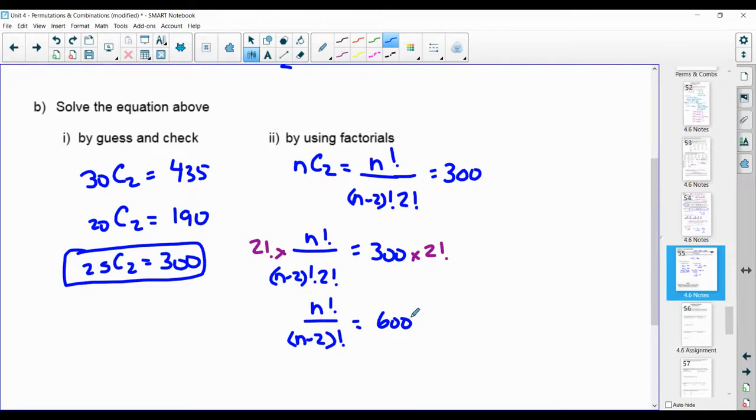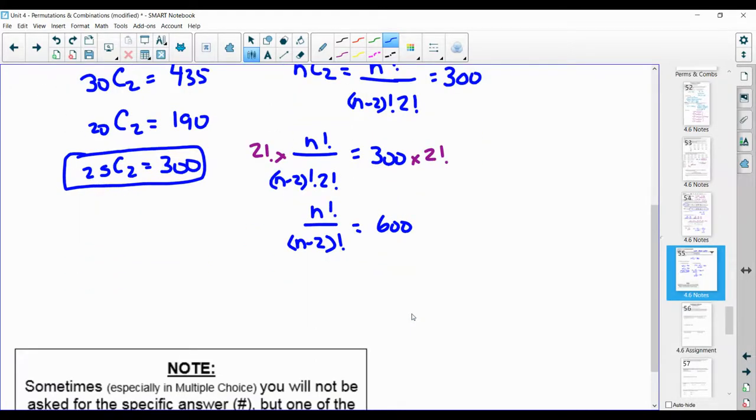So some of you might be thinking, okay, this looks familiar. I've seen this before. And yes, this is where we're going to break things down using factorial notation. And so if we break this down, remember we have to look at which one is bigger. Well, n factorial is bigger than n minus 2 factorial. So we're going to start by breaking that down. We're going to have n times n minus 1 times n minus 2 factorial all over n minus 2 factorial equals 600.